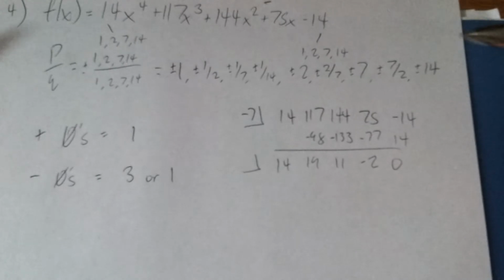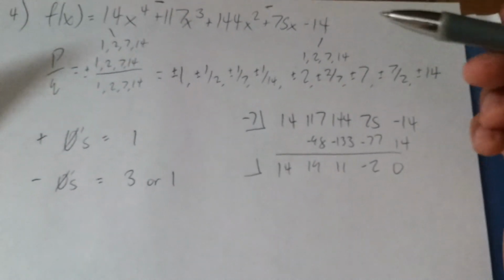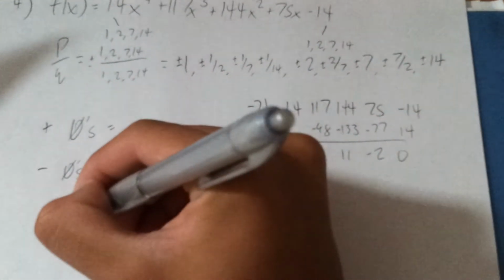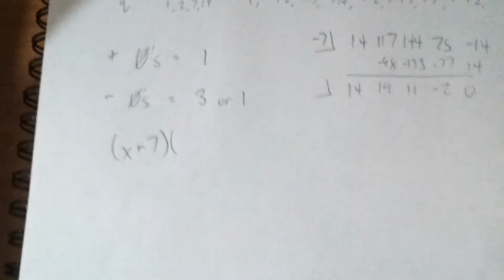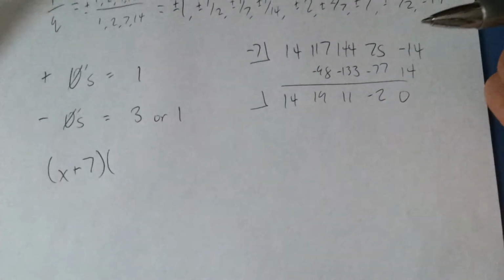So -7 is a zero, so that's one of our factors. So x plus 7.